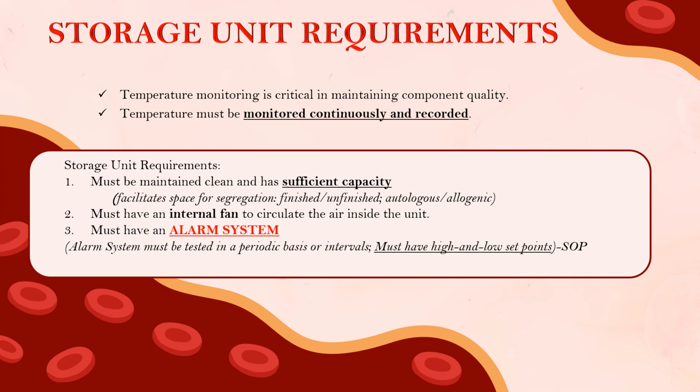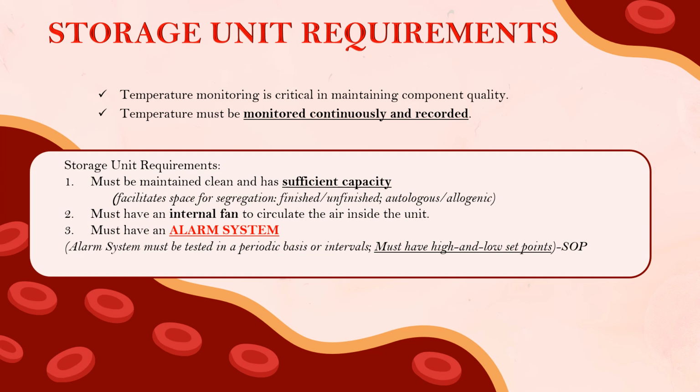Number two, it must have an internal fan to circulate the air inside the unit, or to properly distribute the temperature throughout the storage unit, to have well equilibrated and consistent, non-fluctuating temperatures for the stored components. And lastly, number three, it must have an alarm system.